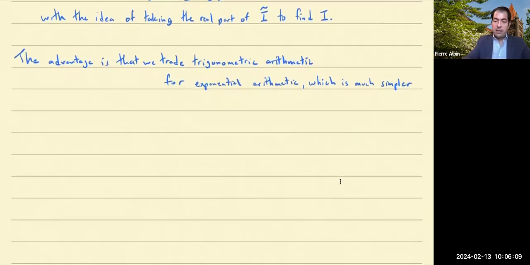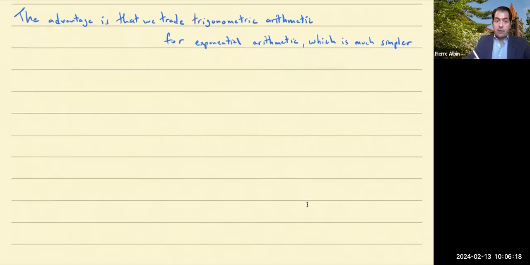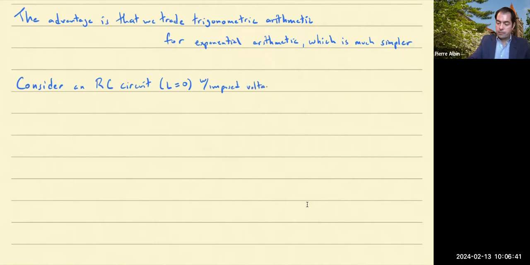So let's think about this in particular cases of the RLC circuits. So let's consider an RC circuit, right? So assume L is equal to 0 with imposed voltage V of t equals V naught cosine omega t, just like we were considering a moment ago.